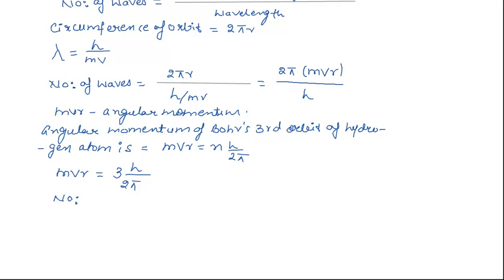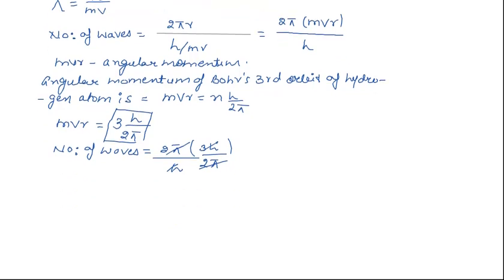So the number of waves will be equal to 2 pi multiplied by, we have got this expression for mvr, so it is 3h upon 2 pi and that whole thing upon h. So how many waves will we get?